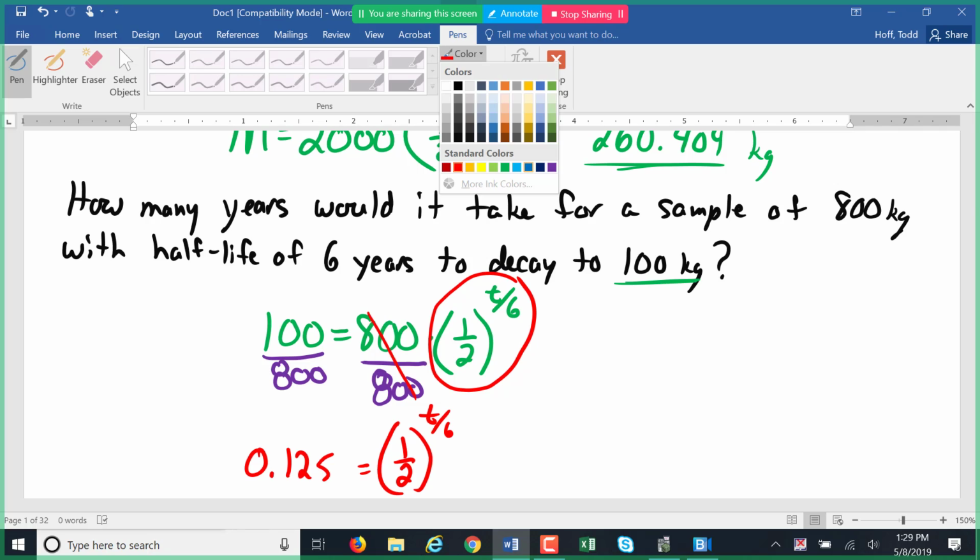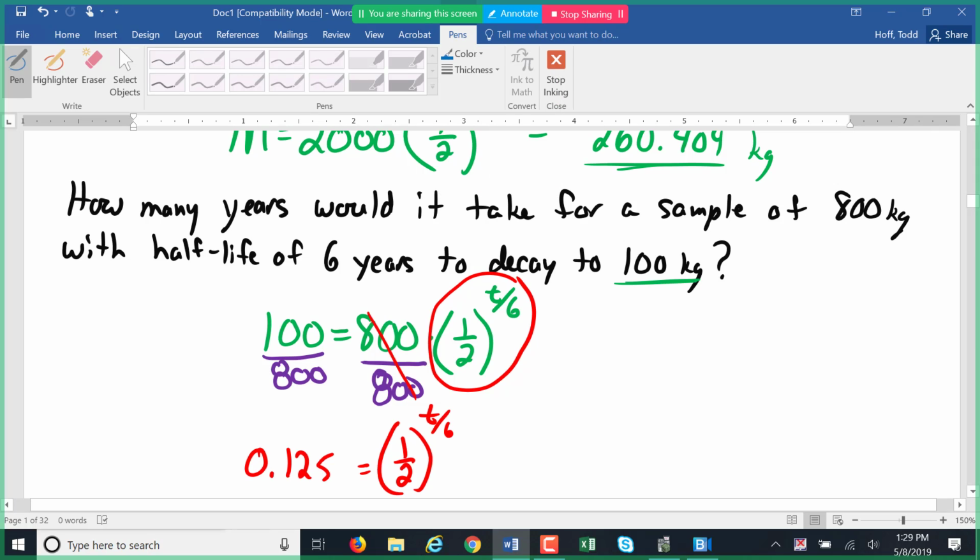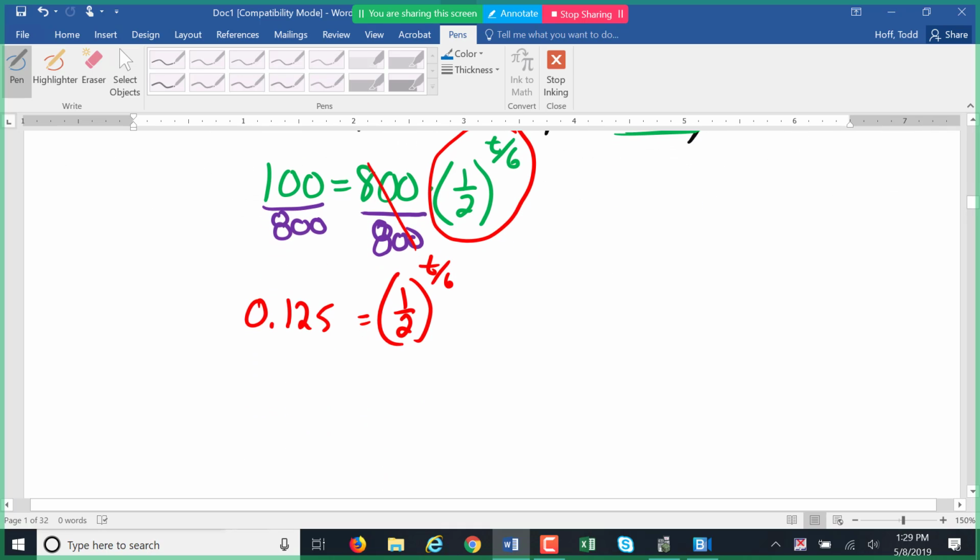Now that the exponential is by itself, we eliminate the base of the exponent. The variable is in the power, so we have to eliminate the base. The base here is 1/2. How do we eliminate a base of 1/2 in our exponent? We use a logarithm with a base of 1/2.